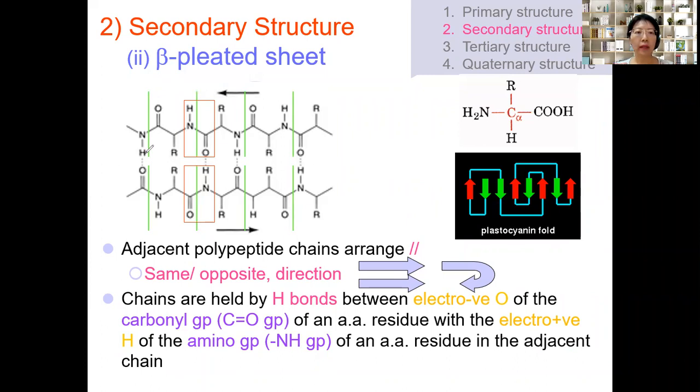Can you see how many hydrogen bonds are here in this short length? Already got 1, 2, 3, 4. So if it's very long, it's got extensive hydrogen bonds. So the whole structure will not change. It's a fixed, regular folding into beta-pleated sheet structure.